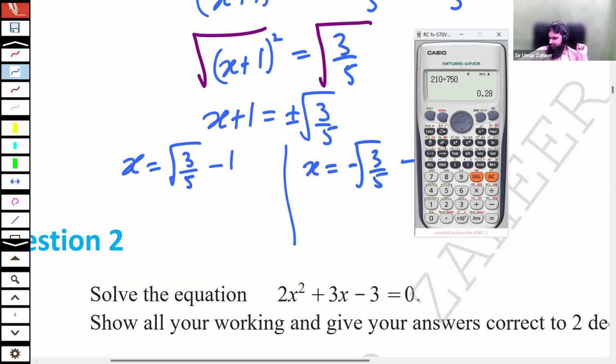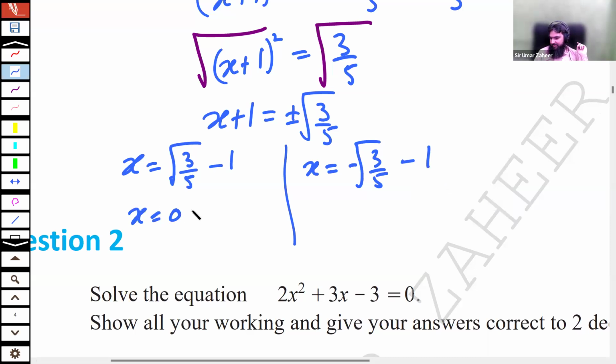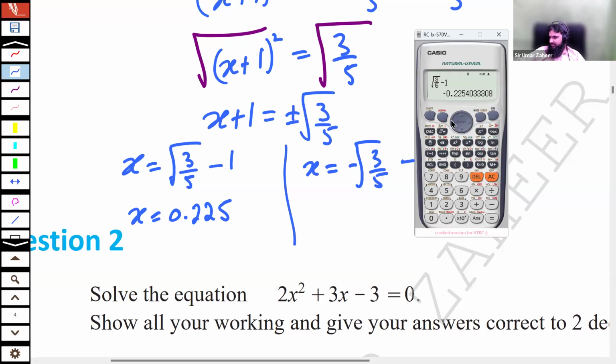All right. Let's see how to use a calculator to find the value. We have the square root of 3 divided by 5 minus 1. So the answer is 0.2254, minus 0.225. And the next one you have a negative sign, so I'm going to change the sign.